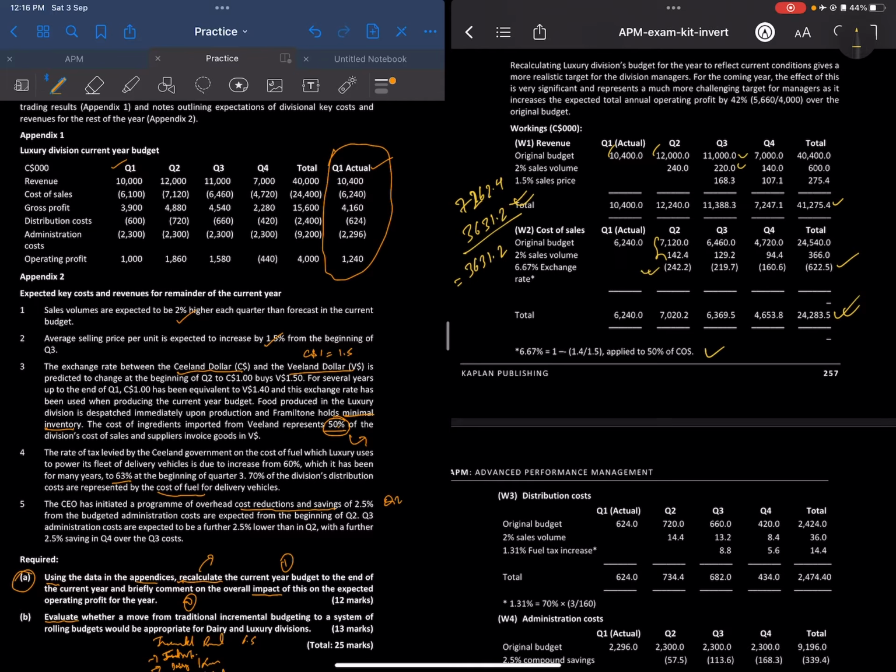Of this figure, minus 6.67%. 6.67% is 242.2. So you could just decrease from this 7262 minus this figure, and that will give you 7020.2.